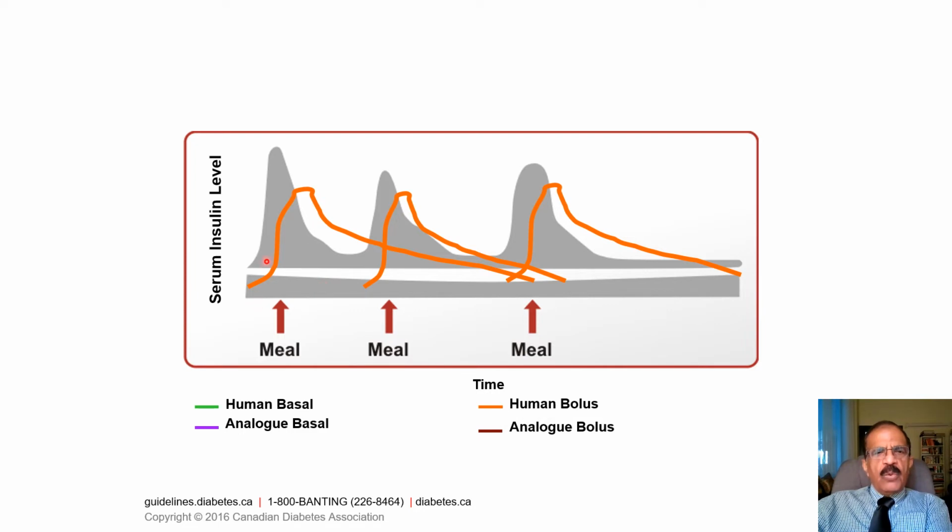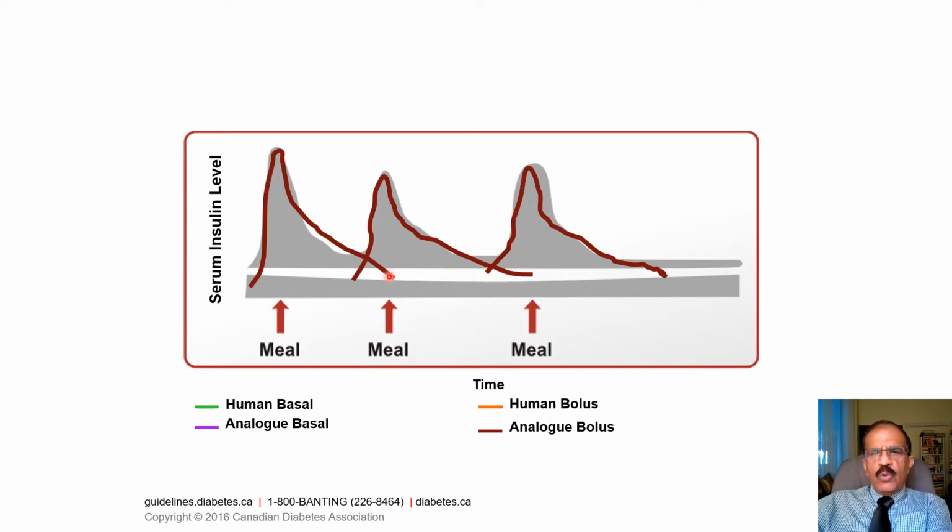Now compared to short acting human insulin, if you use rapid acting insulin analogues, it will be more like the normal insulin curve. So I think we can make a case that when we talk about prandial insulin, analogues are better than short acting, and when we talk about basal insulin, the analogues Glargine, Detemir and Degludec are better than NPH.